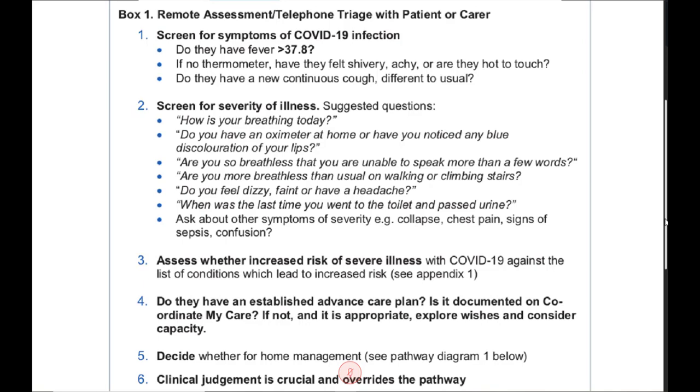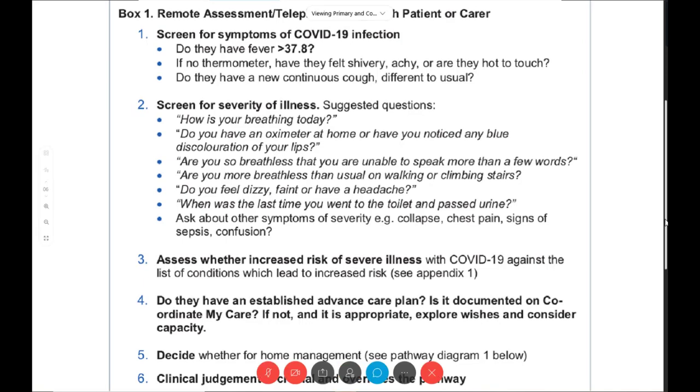The other important thing to notice is whether or not the patient has changed over the course of days. Increasing breathlessness over the course of a day or two will be an important sign that the patient is deteriorating. And these are the sort of patients that you would want to measure oximetry on, pulse oximetry.